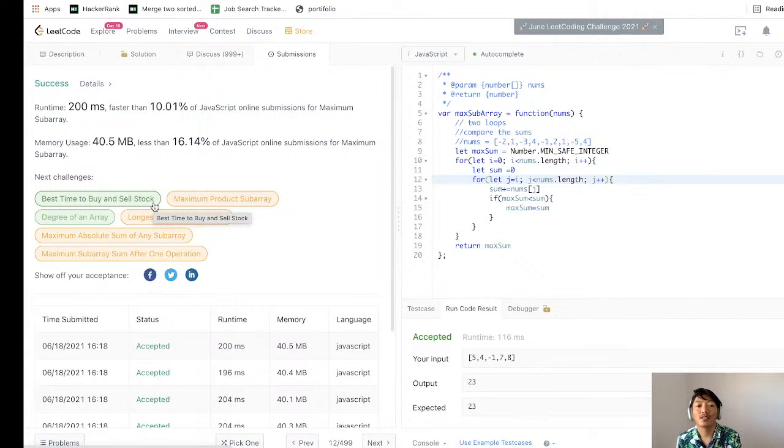If that's the case, then they can have different memory usage or different runtime. And then some people have a disadvantage over the test cases they randomly run.